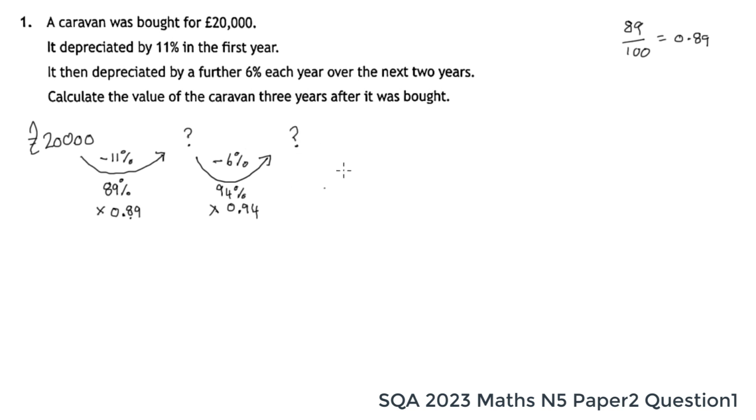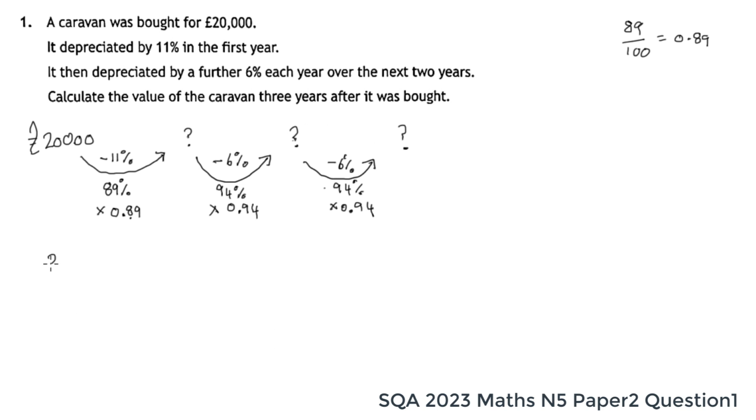And whatever you get there, again, the third year, it's lost another 6% of this value, and it's retaining 94% of this value. And to find that, you multiply this value by 0.94 to find the final value after 3 years.